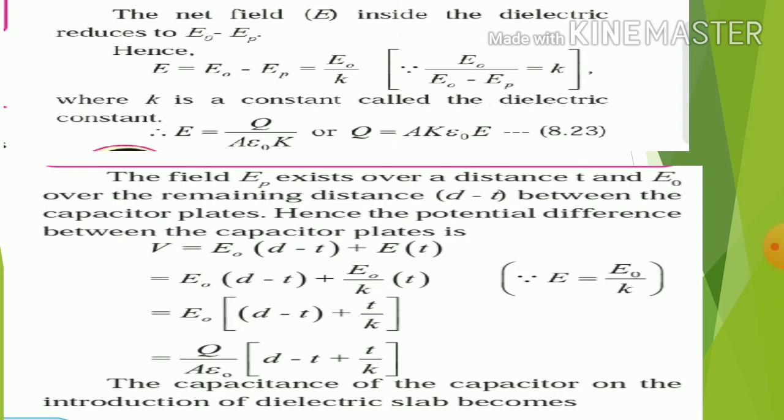Substitute this value in the above equation, then we can write V equal to Q upon A epsilon 0 into square bracket small d minus t plus small t upon small K square bracket complete.